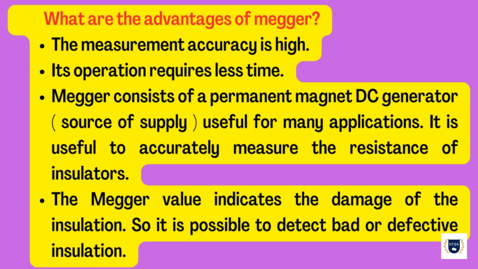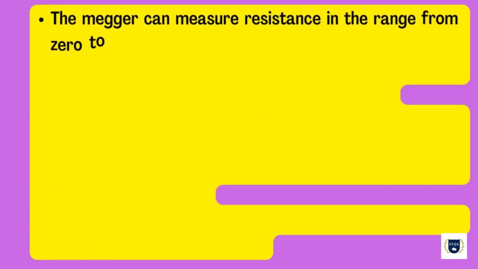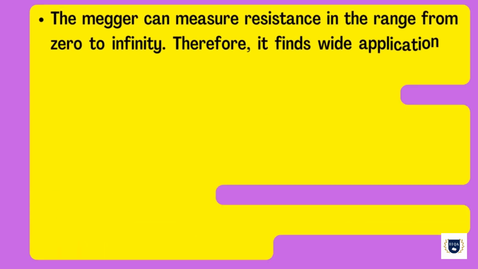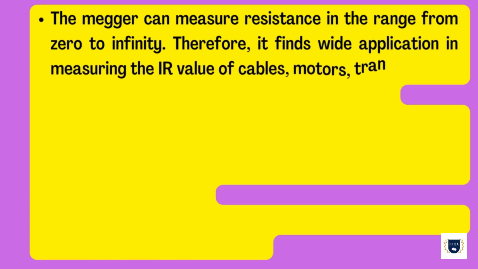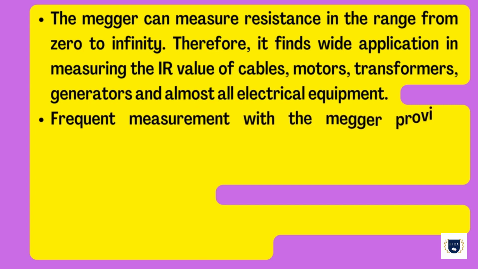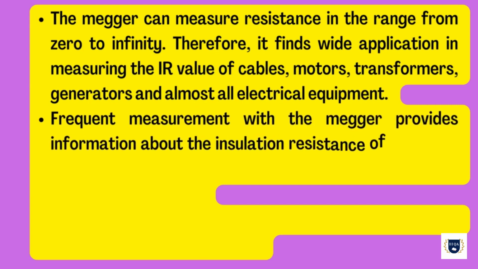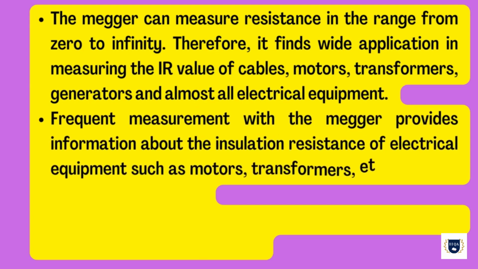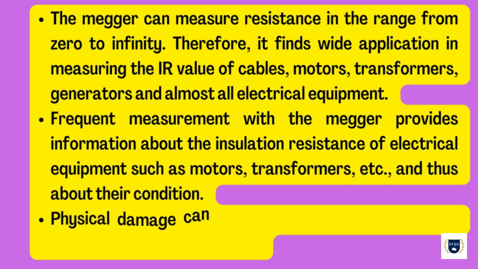The Megger value indicates the damage of the insulation. So it is possible to detect bad or defective insulation. The Megger can measure resistance in the range from 0 to infinity. Therefore, it finds wide application in measuring the IR value of cables, motors, transformers, generators and almost all electrical equipment.